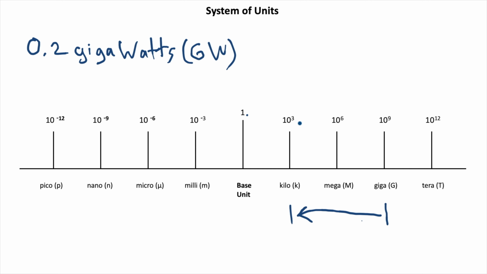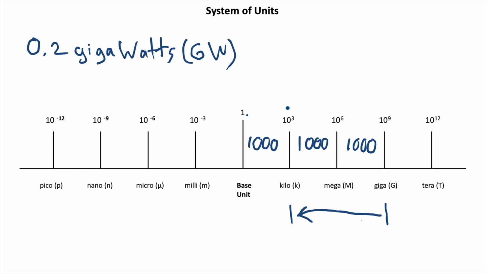And the same thing applies from 10 to the 3rd to 10 to the 6th. That's a positive 6, and it is 3 place values. So we can see the conversion again. Between our base unit and kilo is 1,000. Between kilo and mega is 1,000. Between mega and giga is 1,000, or the 3 spaces here.